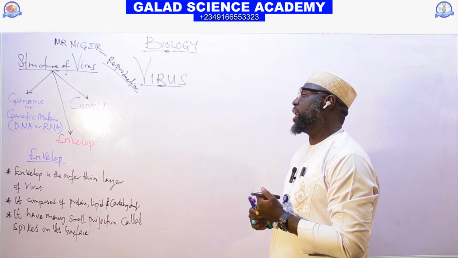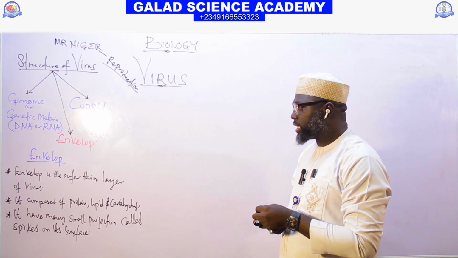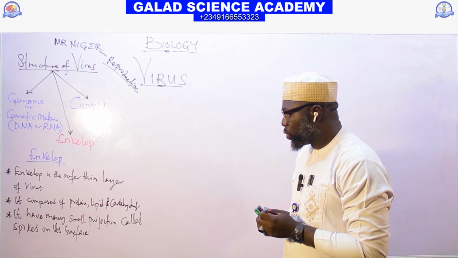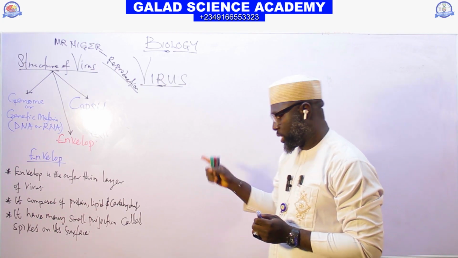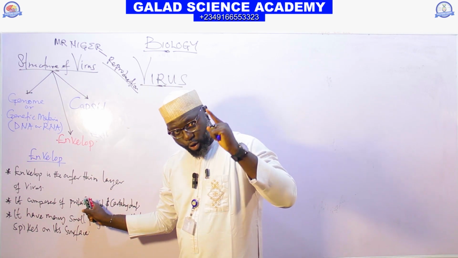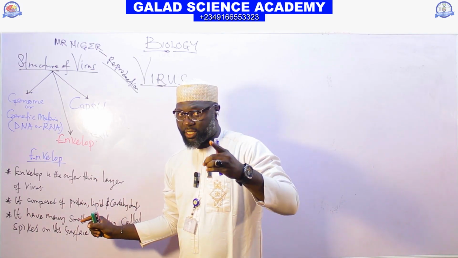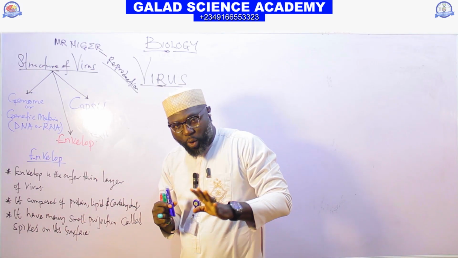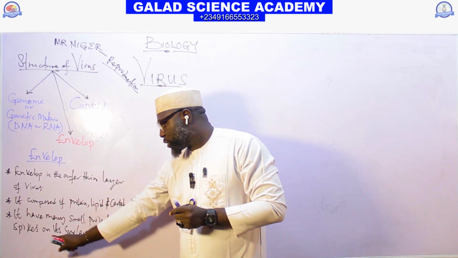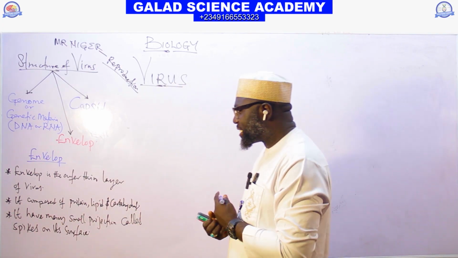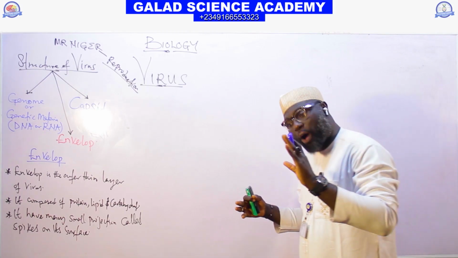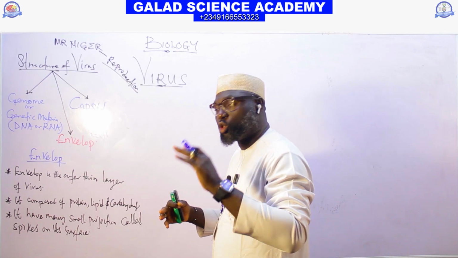Let me put it in this way. It's a tiny layer that surrounds the virus. It's composed of carbohydrate, protein, and lipids. And it has small projections, which look like fingers, on the surface called spikes. These spikes are used to attach the virus to the host.